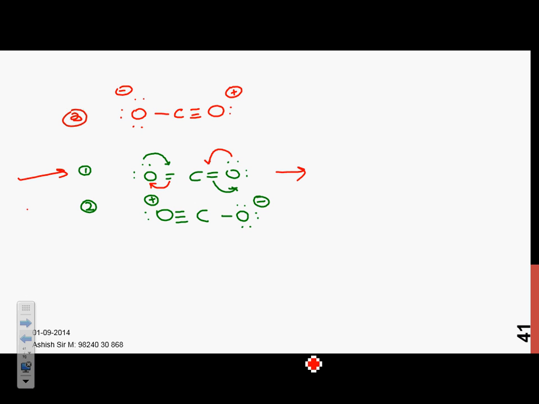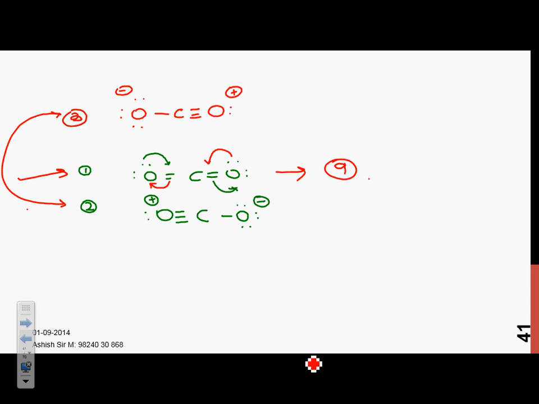Just for an example, let's say I have 15 properties of carbon dioxide. Out of 15, I may be able to explain 9 properties by this structure. But 6 I cannot explain by this structure. To explain the remaining 6, I require another 2 structures.